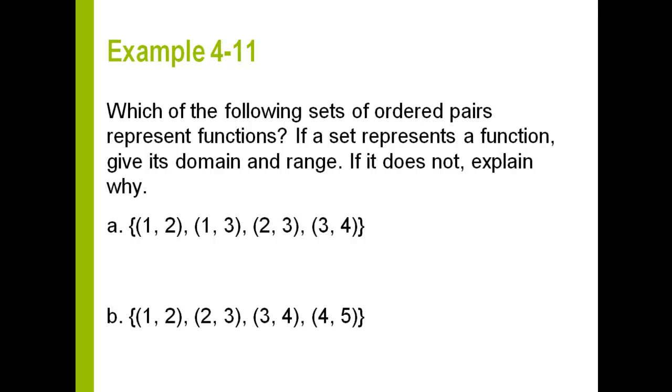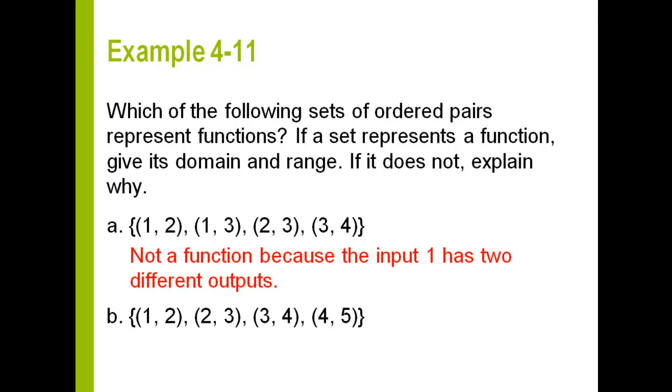So if we look at letter A, this is not a function because we notice that the number 1 has two different outputs. It has 2 and 3. So you can't have the same input with two different outputs.